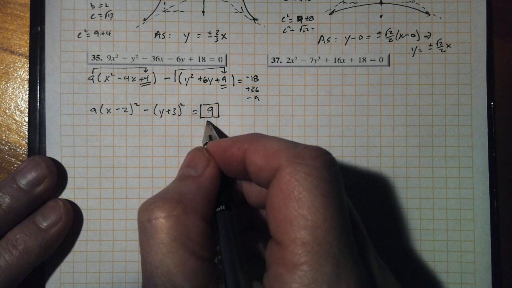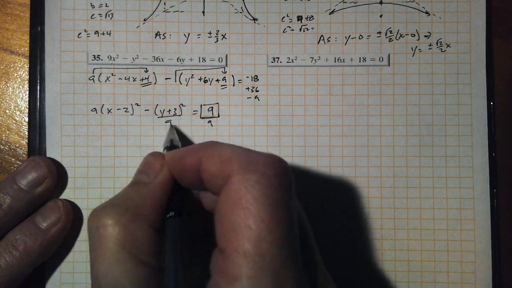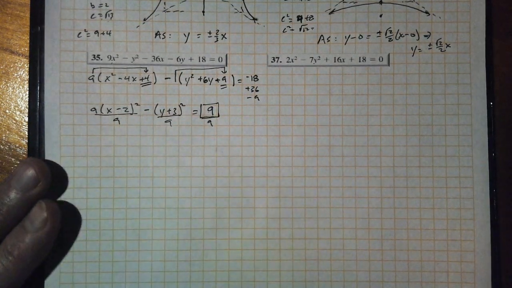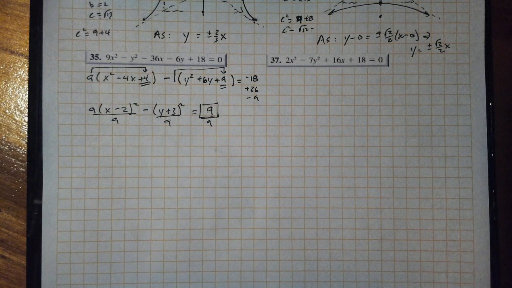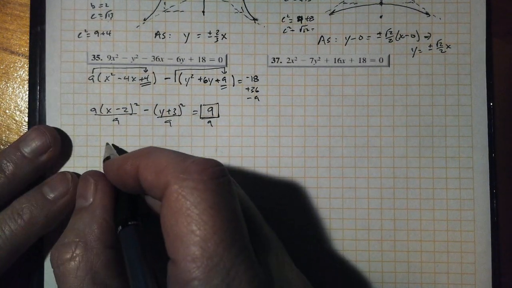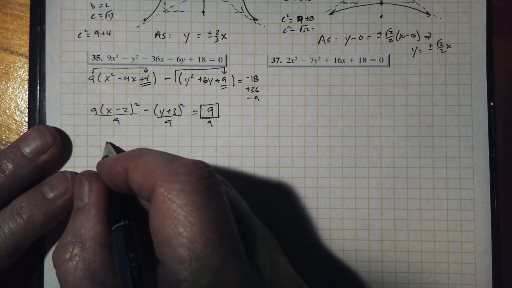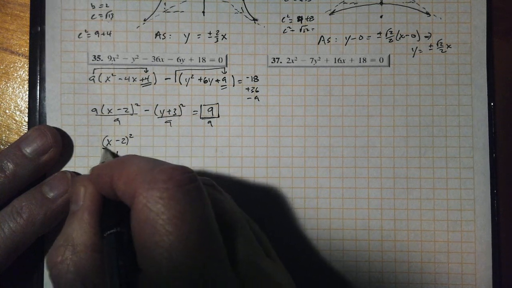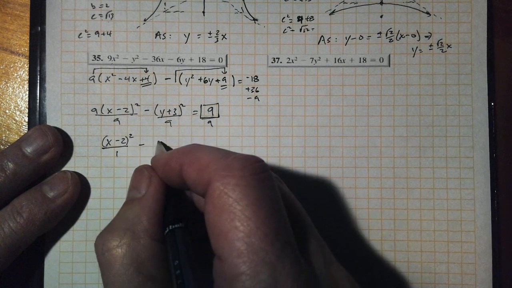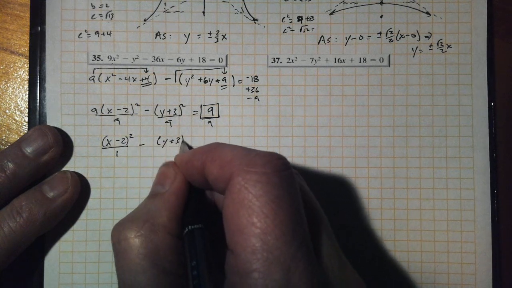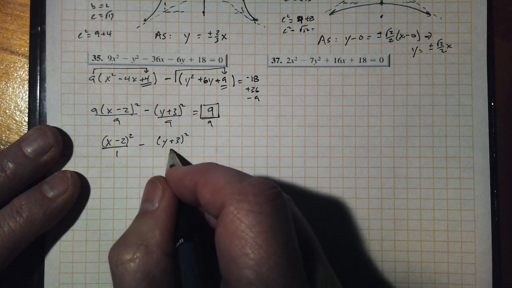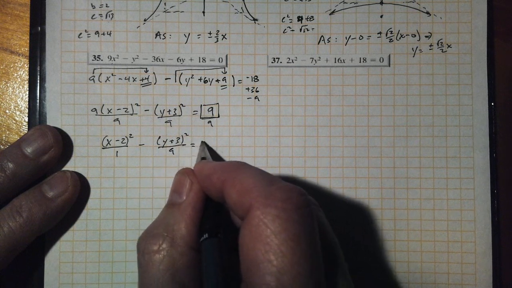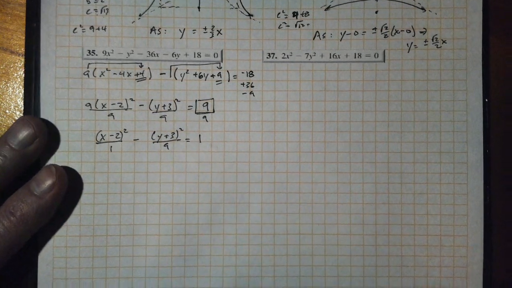But we are correct in that guess that it would have been opening right and left because we're dividing by positive 9. So anyway, here we go. We've got x minus 2 squared on 1 minus quantity y plus 3 squared on 9 equals 1.